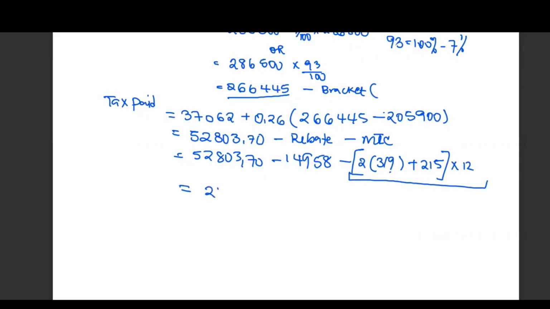We subtract, we have the answer as 27,609 rands 70 cents. Remember, the 4,000 is monthly, so we shall also divide by 12 to look for the monthly amount, which becomes 2,000 or so.